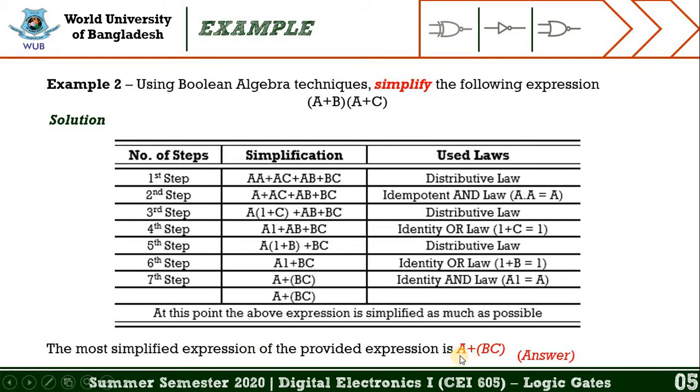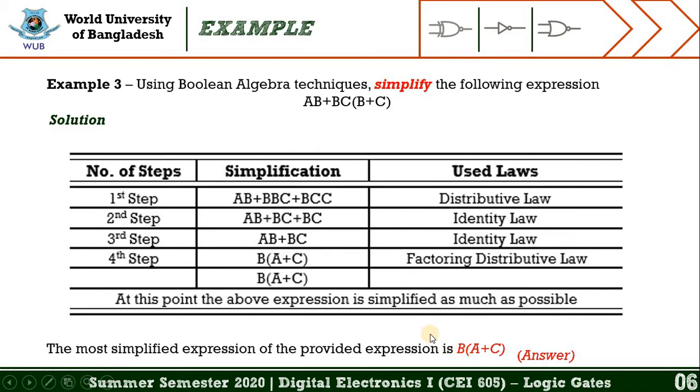So let's move into the next slide. This slide represents a similar kind of problem, but not exactly the same one. The given expression is A and B, or B or C, and inside the first parenthesis B or C. The first step is to simplify this expression.